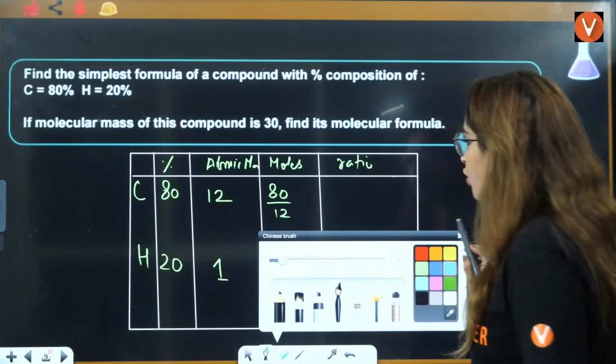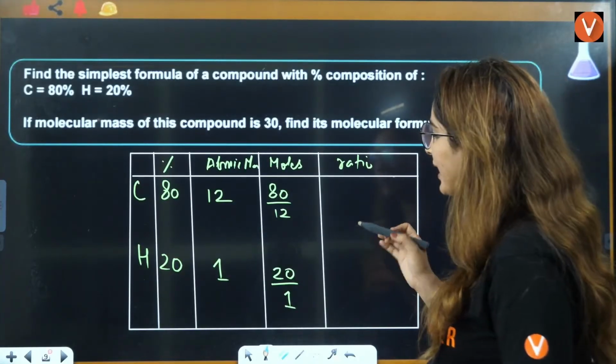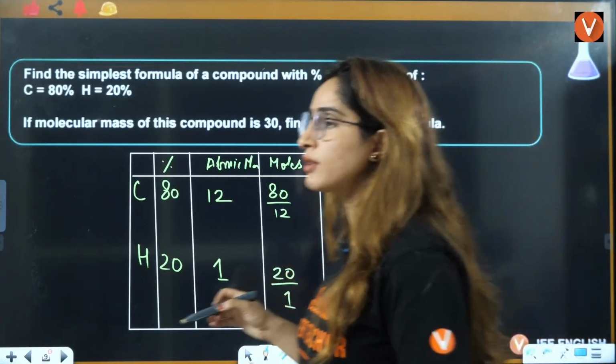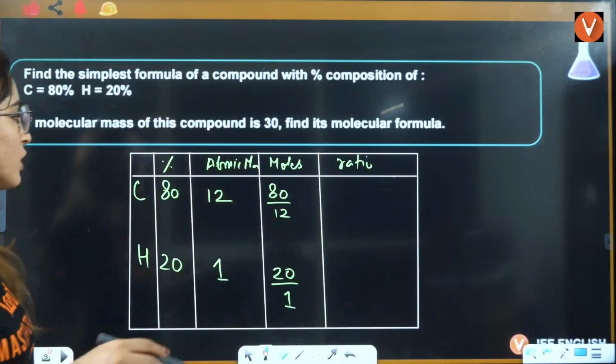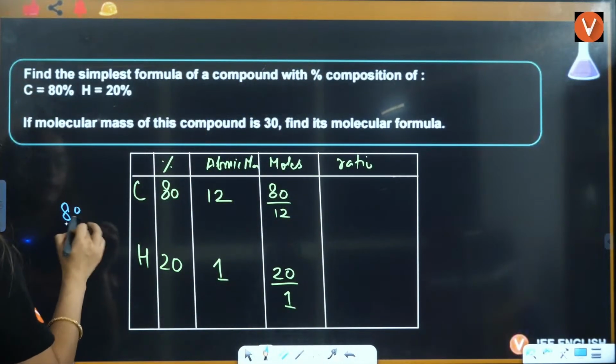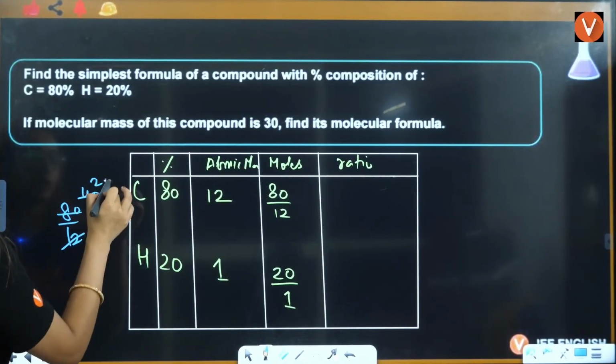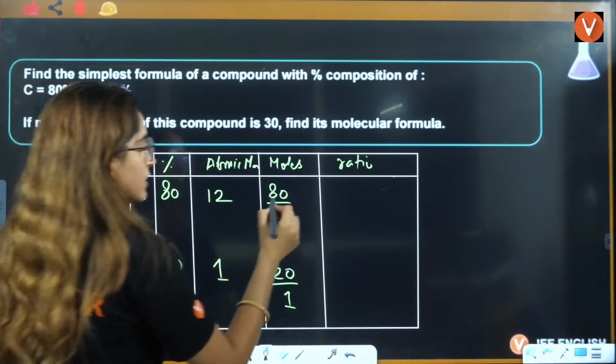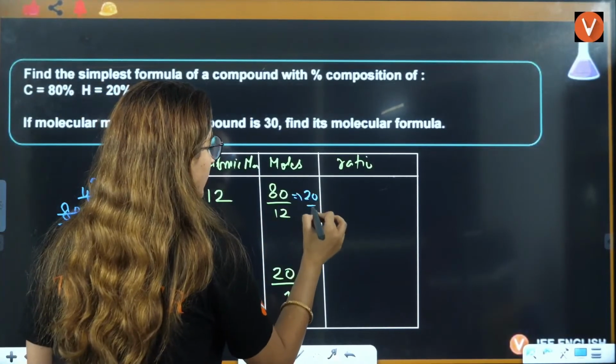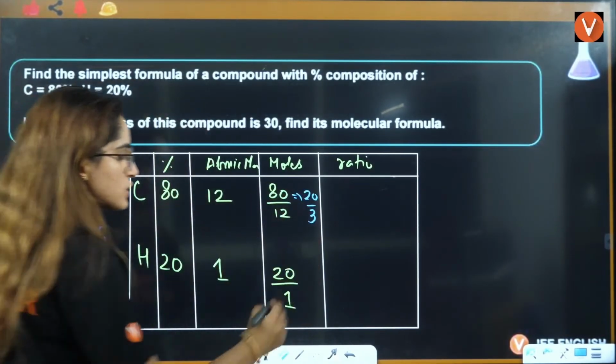Now, when you solve this 80 by 12, you don't have to solve this in decimals always, right? So 80 by 12, it is nothing but it is coming out to be 20 by 3. This is 20 by 1.